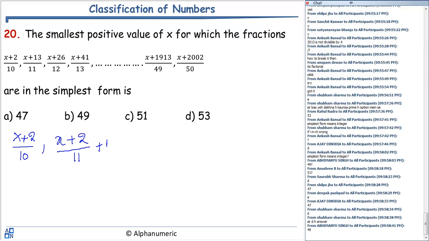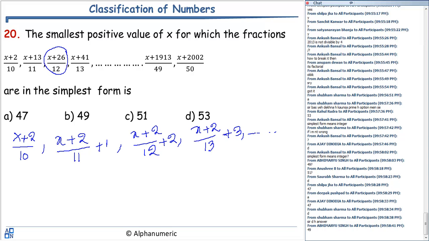Now x plus 26 by 12. If you divide 26 by 12, remainder 2 is left. So the third number is x plus 12 twos are 24 plus 2. The third number is x plus 2 by 13. Sorry, this was not 11, this was 12 plus 3.